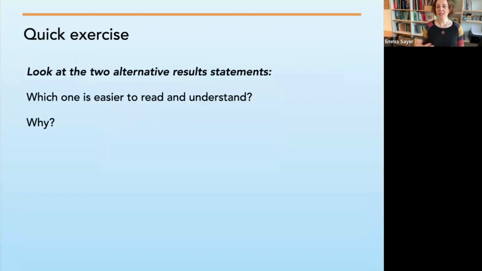And to kind of exemplify this, I have a quick exercise for you. I've got 2 alternative result statements on the next slide, and I'd like to know from you which one is easier to read and understand, and why it's easier to read and understand. I'll give you a minute or so to read.